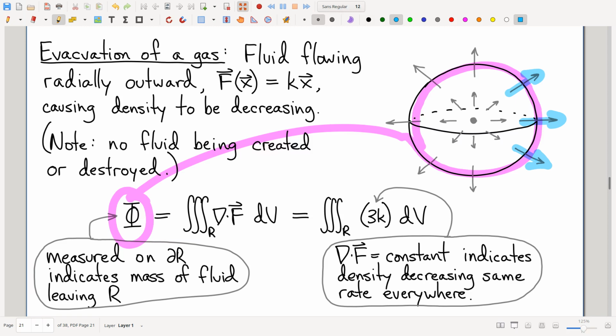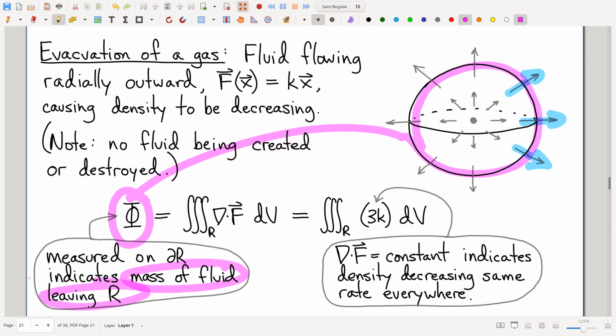So, altogether, then what does that flux represent? Well, there's a certain amount of mass in there to begin with, and as the gas flows out of this sphere, there is less remaining gas in the sphere. Right? So what that flux is measuring is quantity of fluid that is leaving our solid.